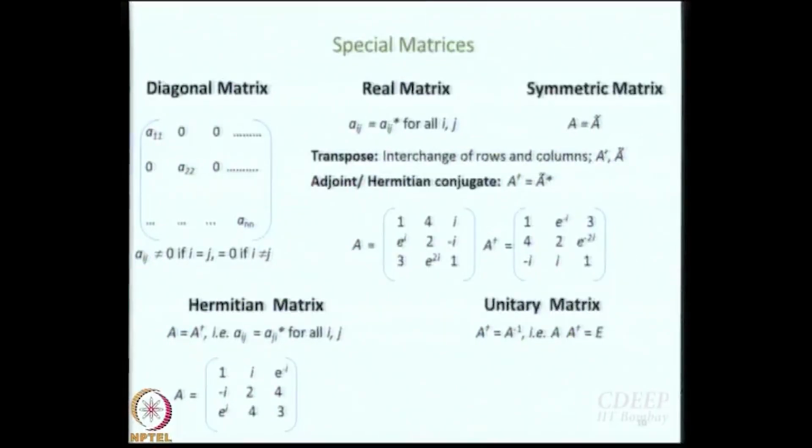Here we have A dagger is equal to A inverse. The adjoint of a matrix is its inverse as well. When that is the situation, we call it a unitary matrix. A dagger equal to A inverse, or A into A dagger is equal to E. That is the definition of a unitary matrix.